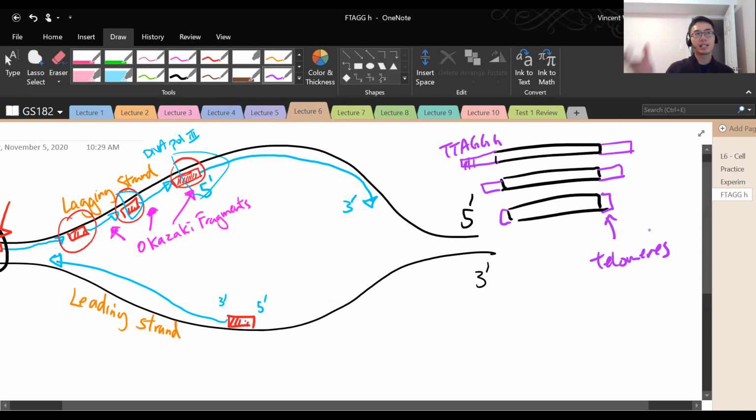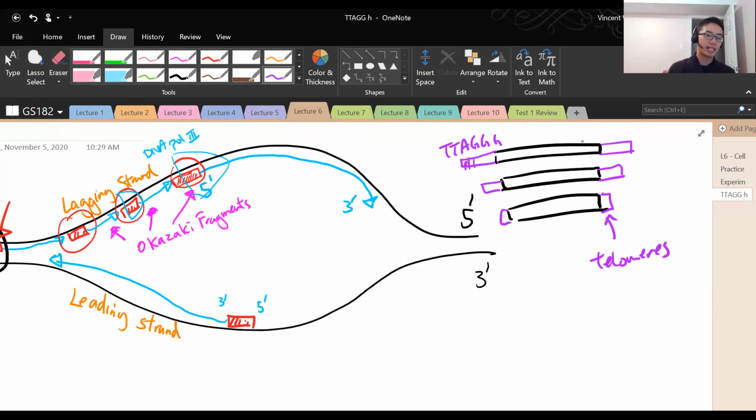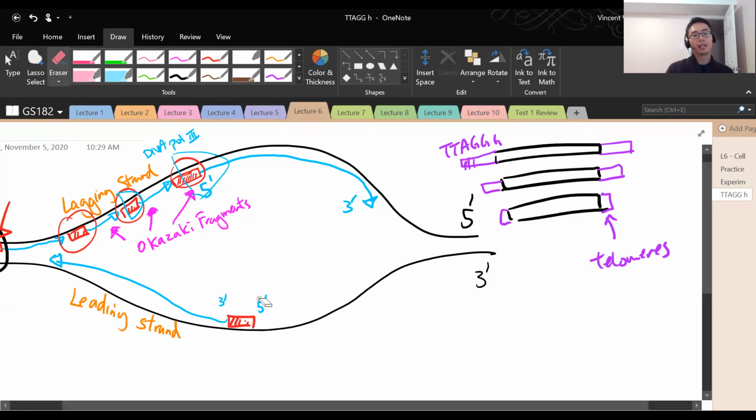Okay, and that's a signal that tells your cell, if you try to divide one more time, you will lose all the telomeres and you will start eating into the important genetic information. So I suggest you don't divide. Okay, so that's when the G1 checkpoint is going to kick in, and it presses on the brake of the cell cycle. It says, don't divide anymore. Does that make any sense? Any question?